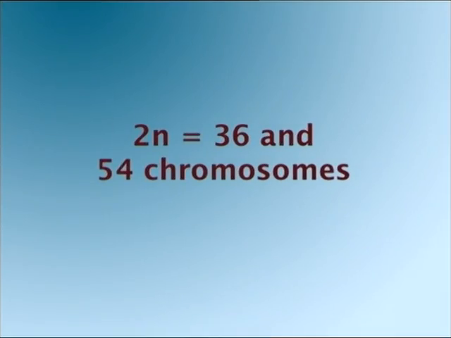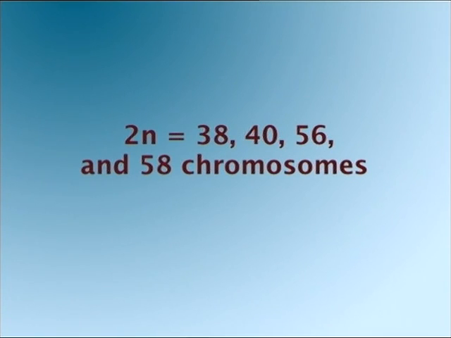This frequency of size class is also met within the plants with 2n=36 and 54 chromosomes. Those taxa with 2n=38, 40, 56 and 58 chromosomes show, however, such a deviation in the frequency of the size classes that it seems logical that these numbers have been produced by a secondary fragmentation of the chromosomes.